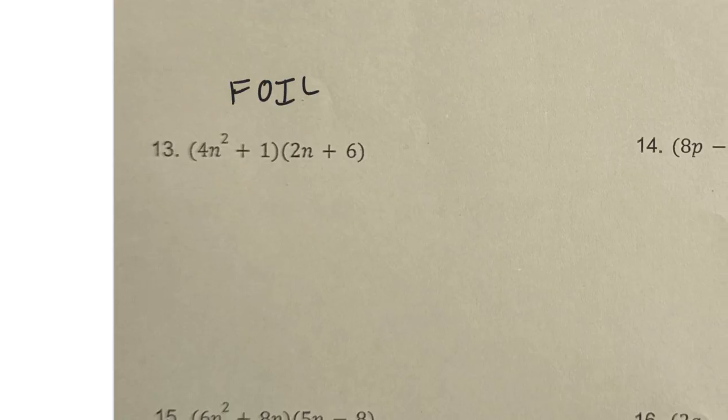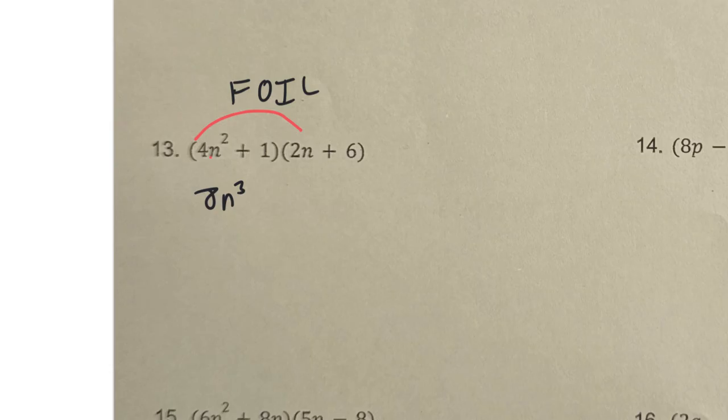F stands for first, O stands for outer, I stands for inner, L stands for last. So first times first would be these, right? So we're looking at 8n to the third. Please, for my student watching, be careful with multiplying n squared times n. That is, once again, keeping the base, but adding the exponents. That exponent of 2 plus that exponent of 1 that's hovering above the n becomes that.